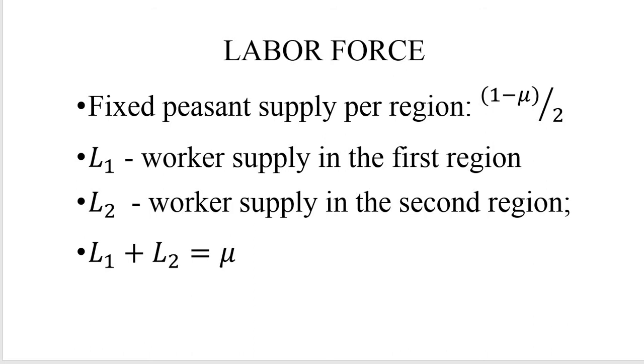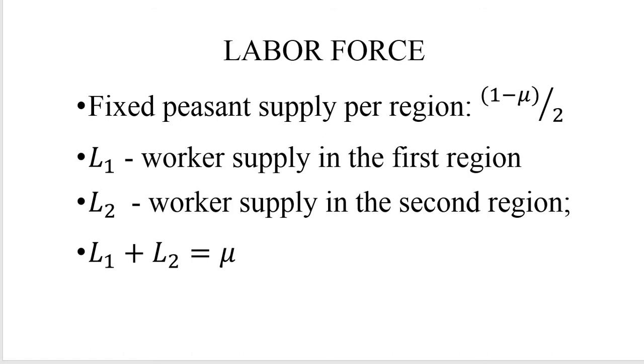We denote the total size of labor stock in both regions as 1, and we denote worker supply in both regions as mu. So if L1 stands for worker supply in the first region, L2 stands for worker supply in the second region, then total worker supply in both regions is equal to mu.